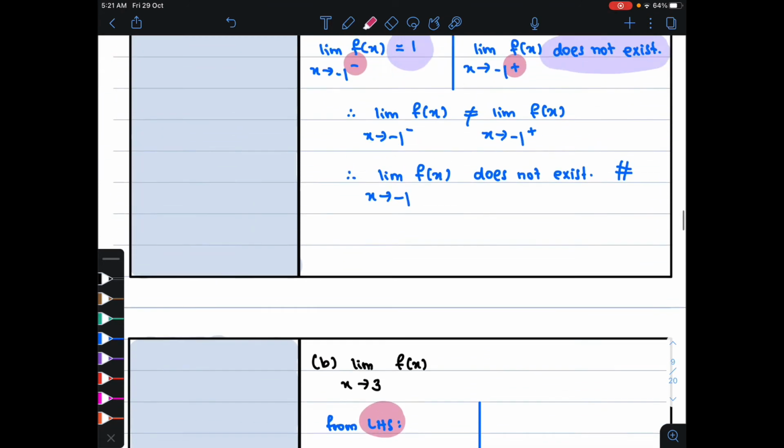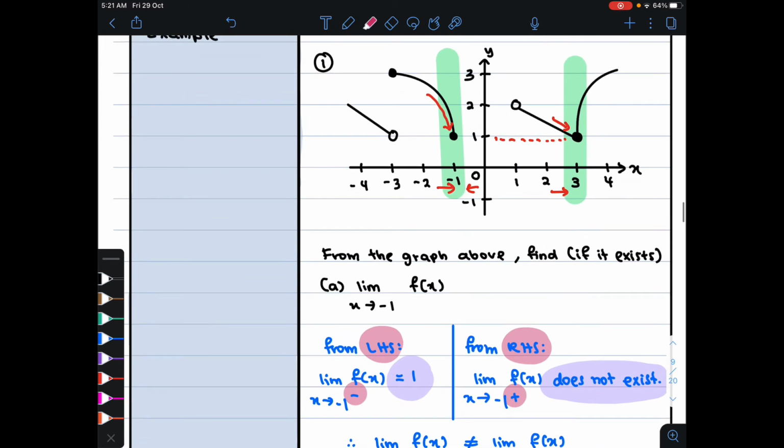Now let's do the same for the right hand side. From the right hand side, we can see that there is a graph on the right hand side, which is this one. And as the graph approaches x equal to 3, the value of y is also 1.